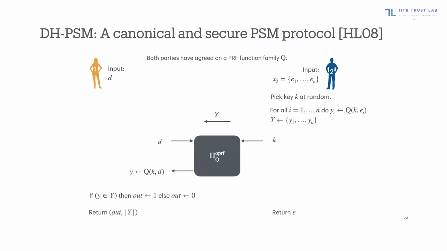Then party 1 engages in an OPRF protocol with party 2 and gets the evaluation of Q under K on its input. With this, it's again able to identify whether the element was present in x2 or not. This is by no means the most efficient PSM protocol out there, but a natural generalization of this gives us a protocol for PSI, where party 1 does this for all its elements.